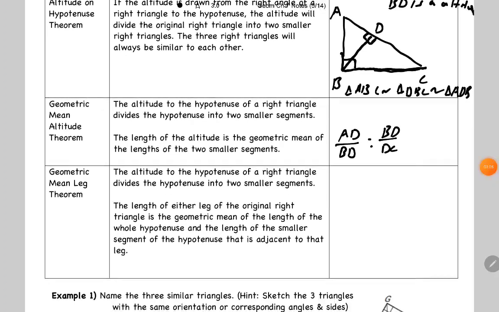And then using that same picture, the length of either leg of the original right triangle is the geometric mean of the length of the whole hypotenuse and the length of the smaller segment of the hypotenuse that is adjacent to that leg. So otherwise, AD over AB is equal to AB over AC.